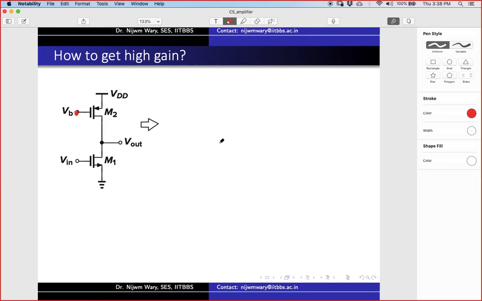So let's draw it in black. RO1, let's call it gm1 and RO1, and this is the V out.